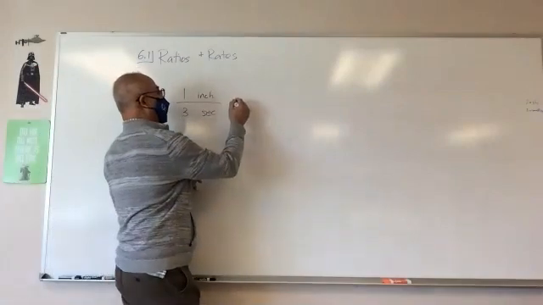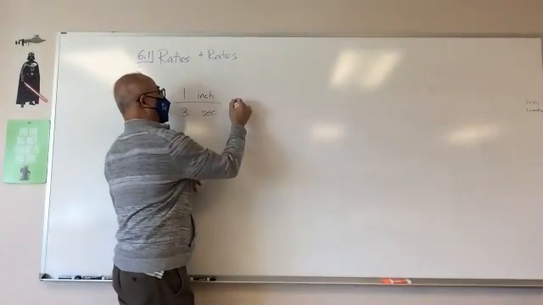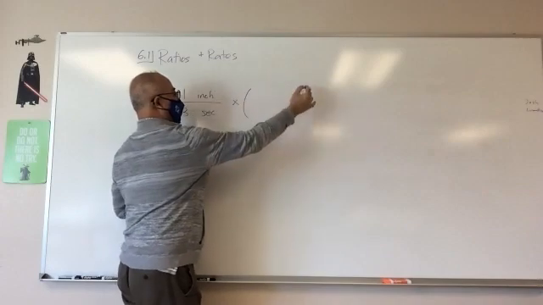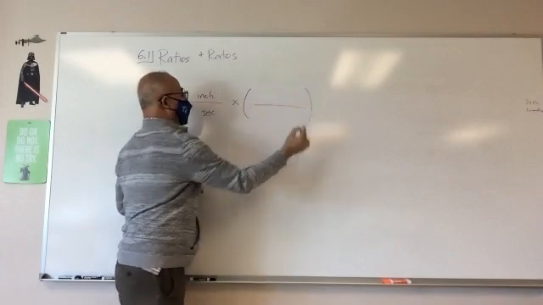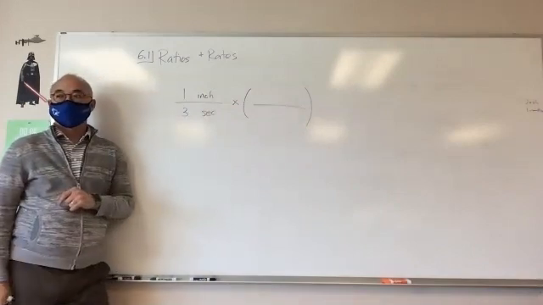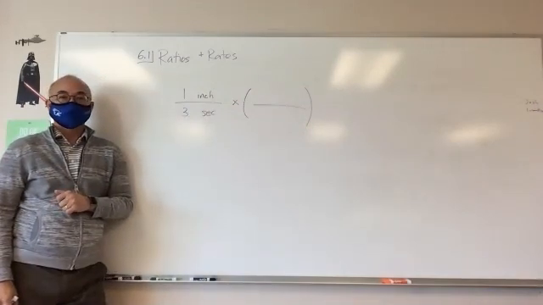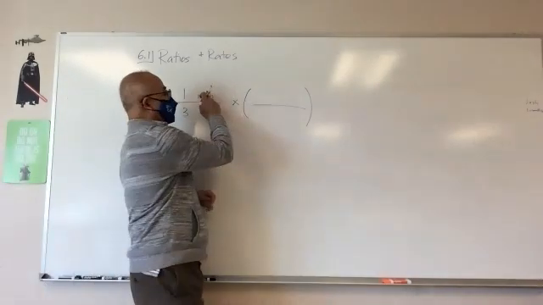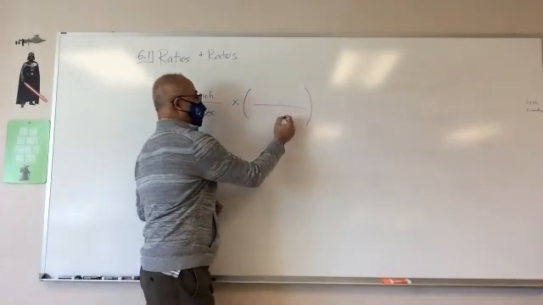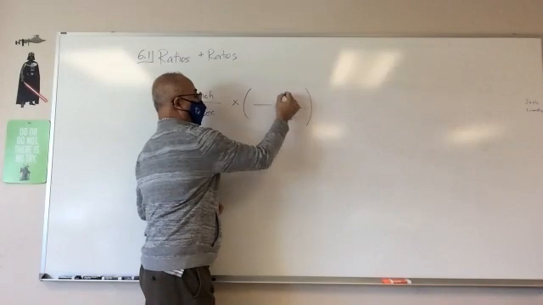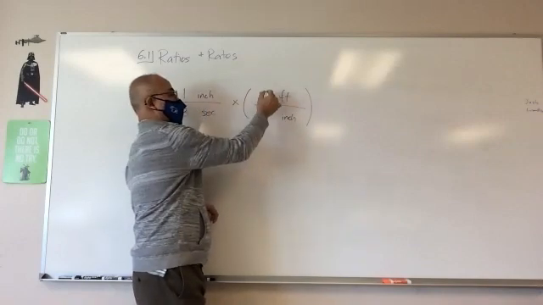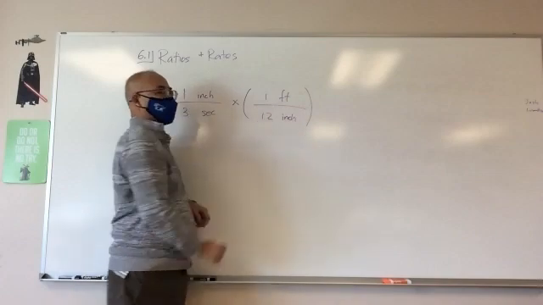So I have to go from inches to feet. How many inches are in a foot? 12. I want the inches to cancel out, so I'm going to put the inches in the bottom and the feet on top. So 1 foot is 12 inches.